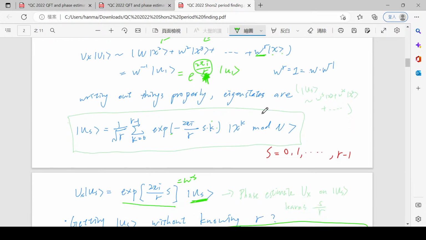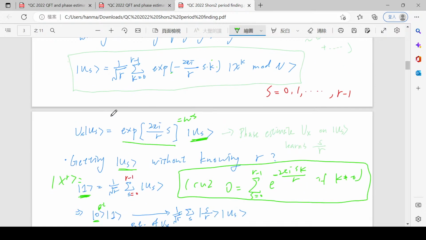Anyway, so u_s are those states 1 over root r, sum of e^(-2 pi i s k / r) times x^k. And the eigenvalue of u_s is going to be e^(2 pi i s / r).